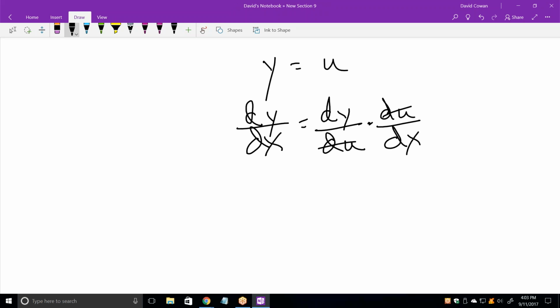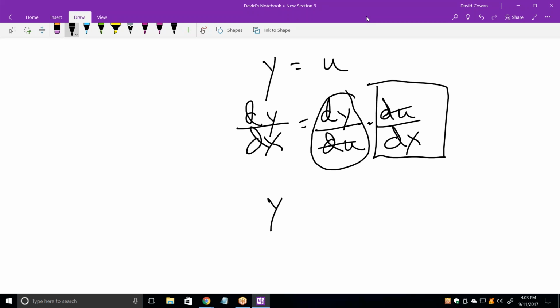Now, the simple rule that they give you when applying the chain rule is the derivative of the outside times the derivative of the inside.